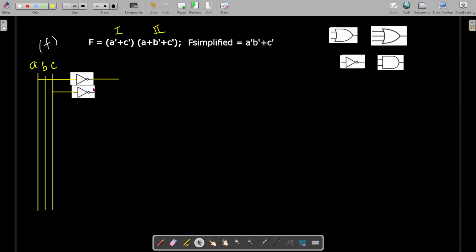So at the output of this inverter we get C dash. These two must be combined using 2 input OR gate, isn't it? Given to 2 input OR gate. So the output of OR gate will give us the first term. What it is? It is A dash plus C dash.